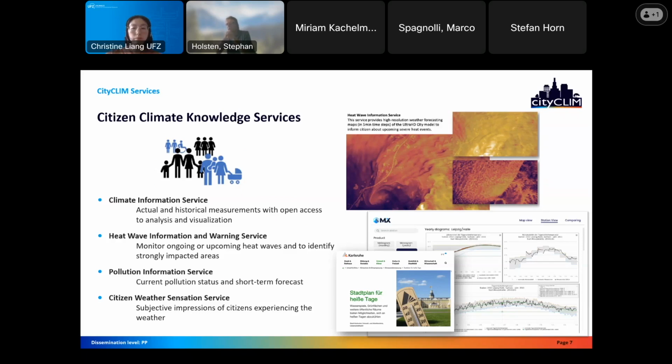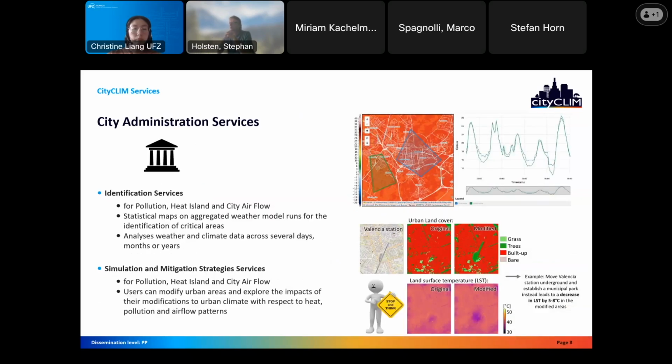There is also a pollution information service that gives you a status and a short-term forecast of the expected pollution, and a citizen weather sensation service, which depicts the area where you personally feel the heat, because each person has a different impression of heat. A person living in the north of Europe will certainly have a different one than one living in the south of Europe. So these are different services that will be available for citizens.